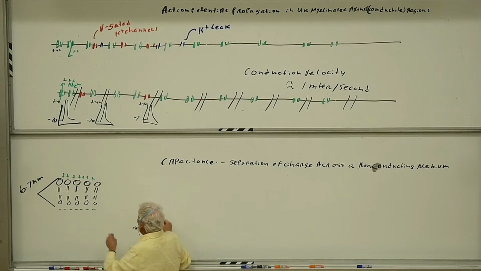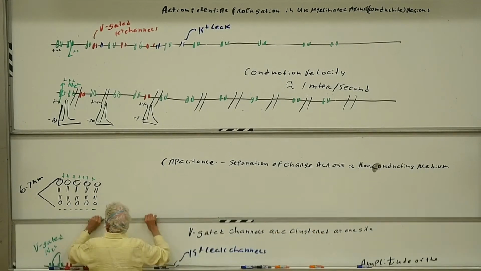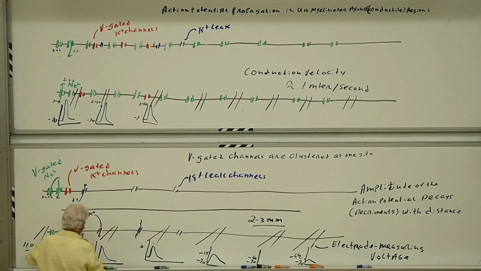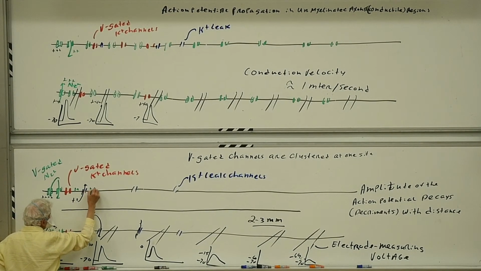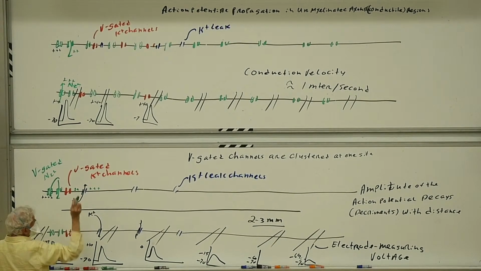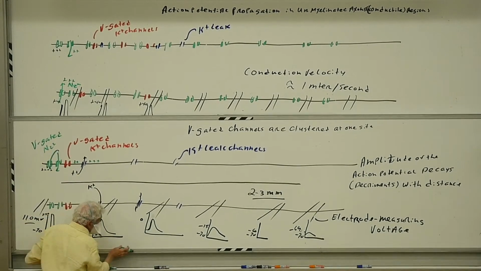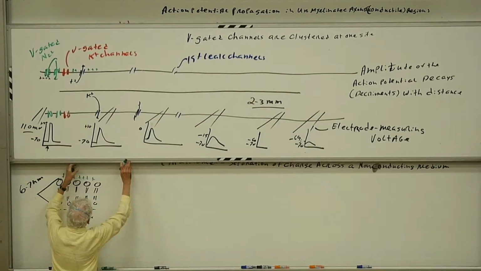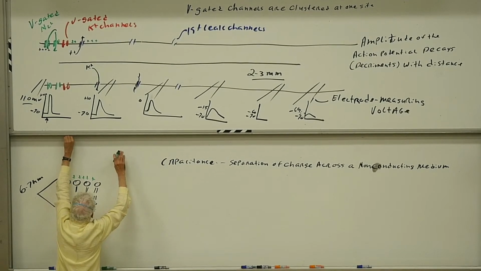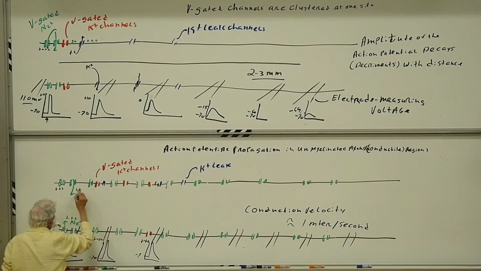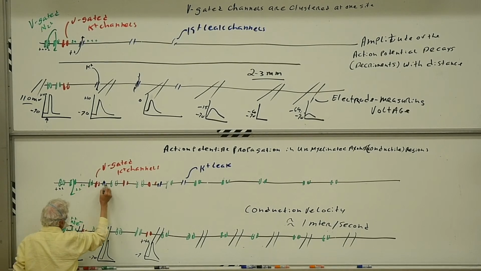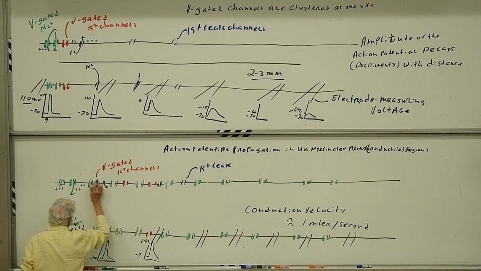So if we go back to this upper panel, if we think about the capacitance, all on this membrane, there are positive charges on the outside. Sorry, do it again.